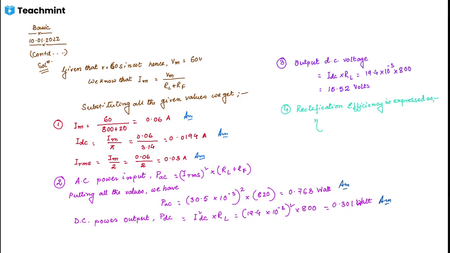Eta, that is equal to PDC by PAC into 100.